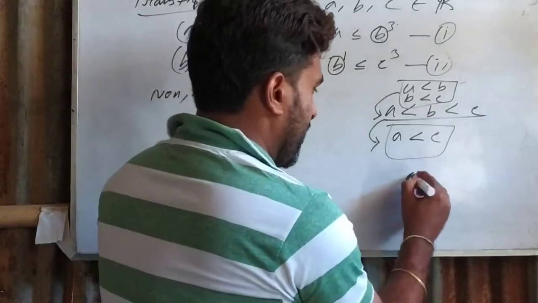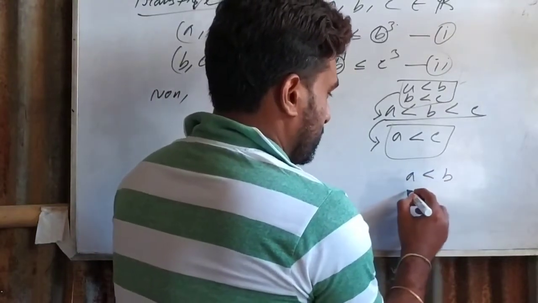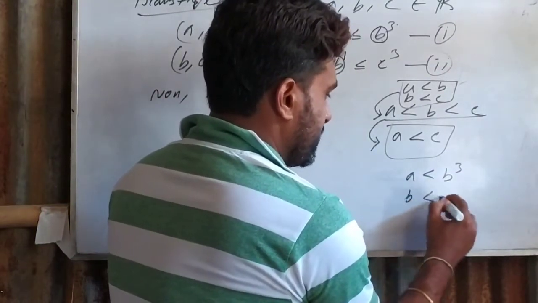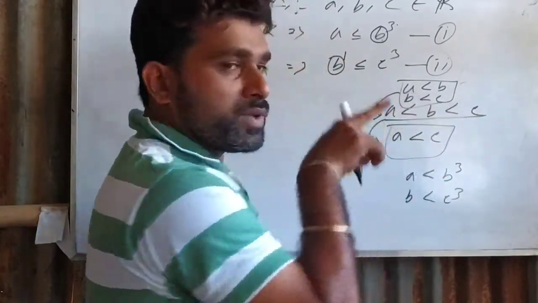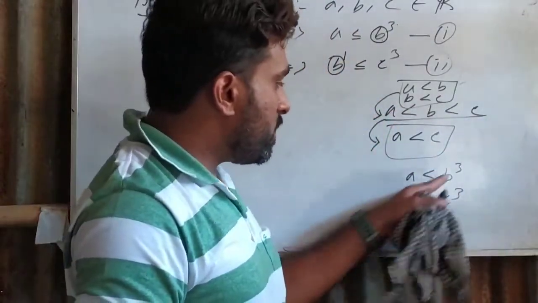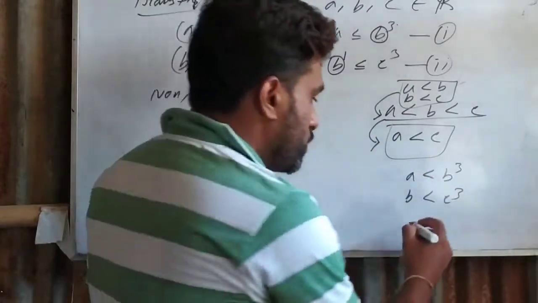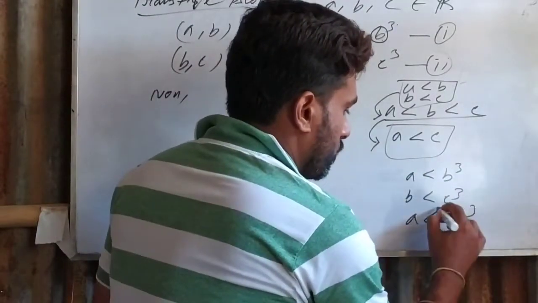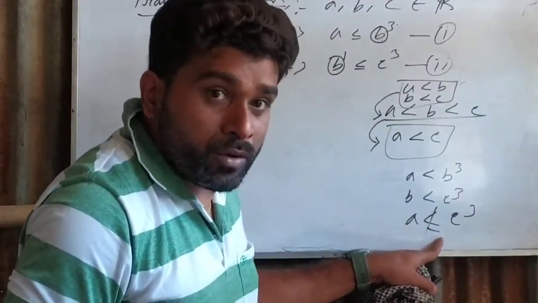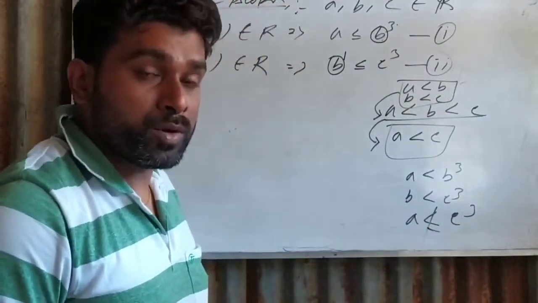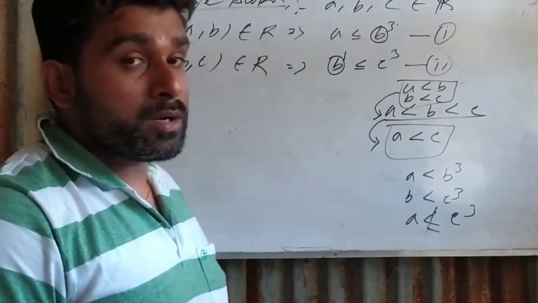But if you have a ≤ b³ and b ≤ c³, how can you make this chain here? We can't use the chain here because the middleman is not matched. So that's why a ≤ c³ cannot be written. We are not sure that a ≤ c³ will be right or not.